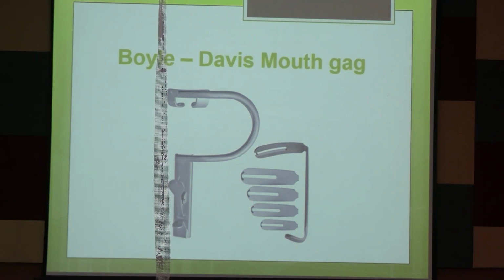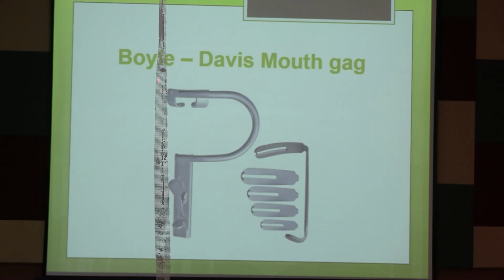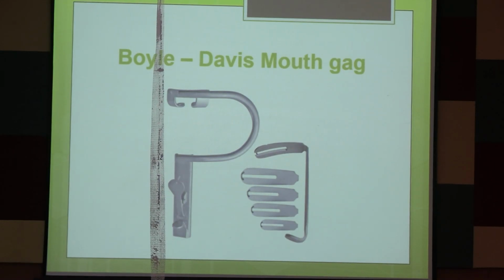So this is the Boyle Davis Mouth Gag. Right? If you are good enough in exam, examiner can ask you which part is Boyle, which part is Davis. It's not written in the book. Just to remember this, this is D-shaped, right? So this is Davis. Okay.